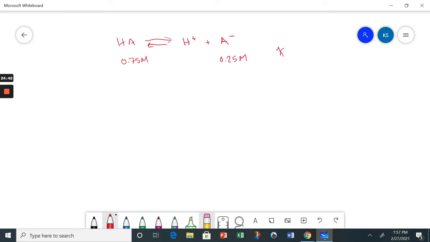And where is my volume? Actually, I really don't need the volume because they gave you the molarity of each thing. And it says the Ka of my lactic acid is 1.4 times 10 to the minus 4th.